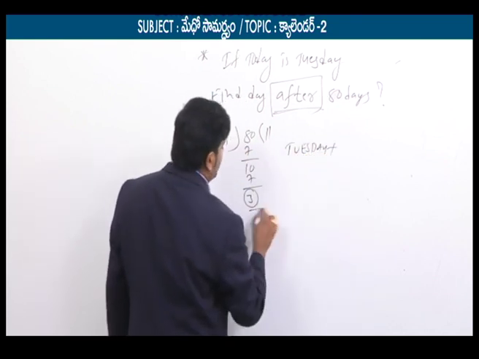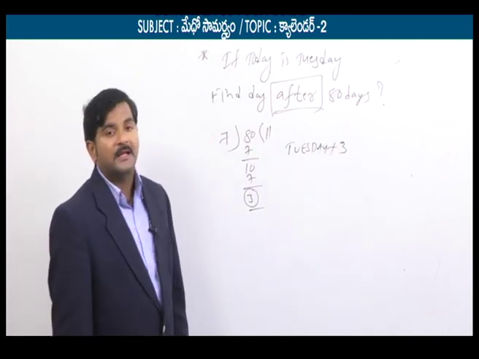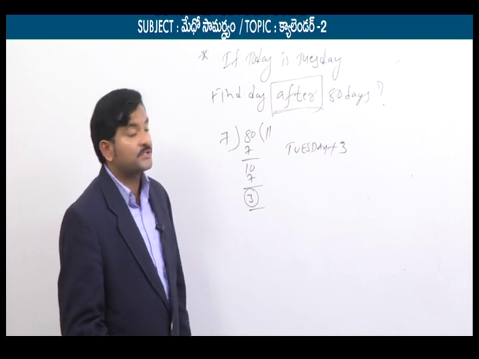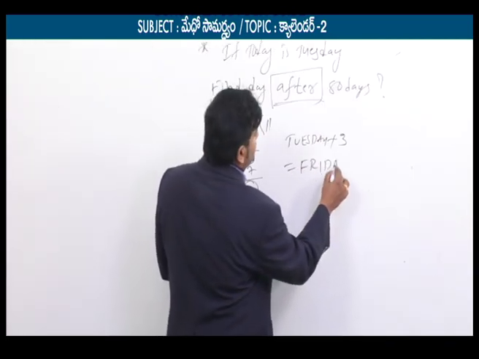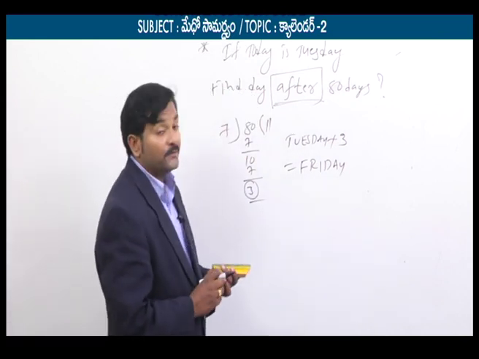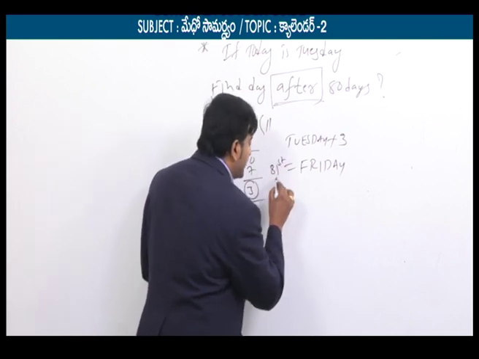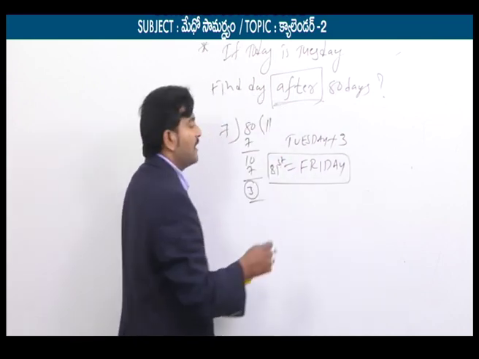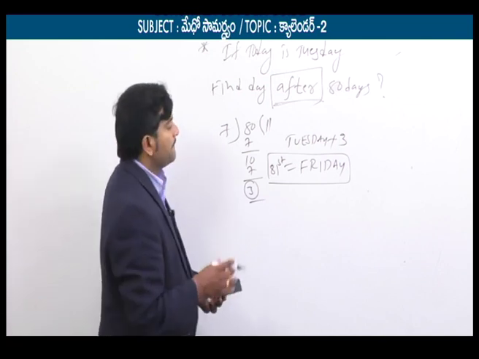The remainder is 3, so for Tuesday I am adding 3 days. Adding 3 days to Tuesday, if today is Tuesday, then after 80 days which day will you get? Friday you will get. Remember, after 80 days means this must be the 81st day, and you will get Friday.